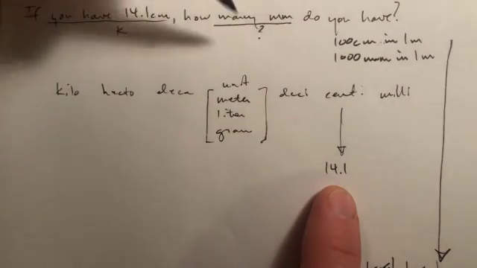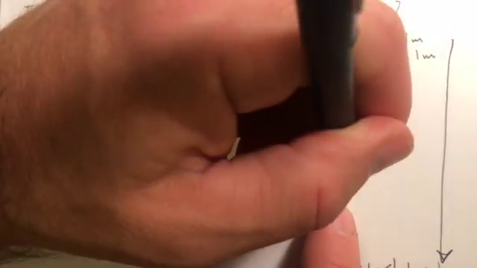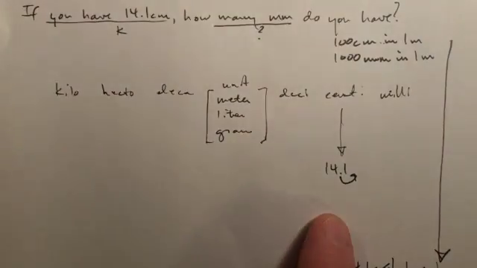So centi goes right here. How many millimeters do I have? I want to get my decimal point from here to there. So I'm going to move it over 1 spot, and now that decimal point comes after the 1. So that's 141 millimeters. Okay, and look at that. Same.